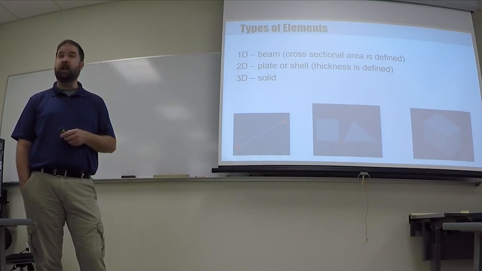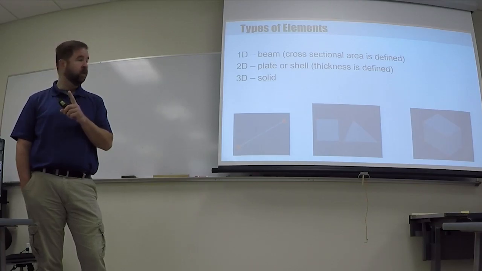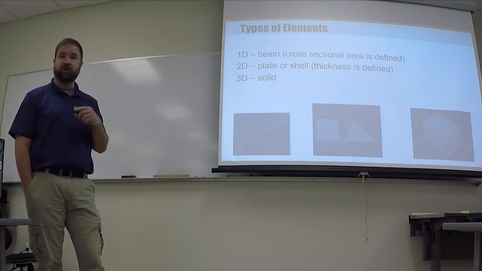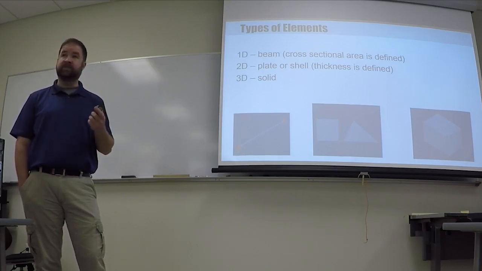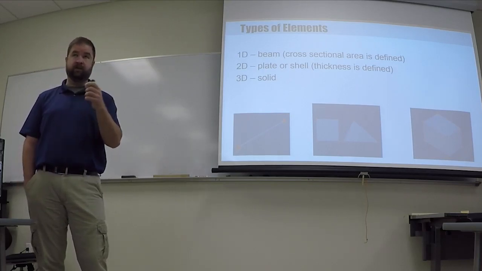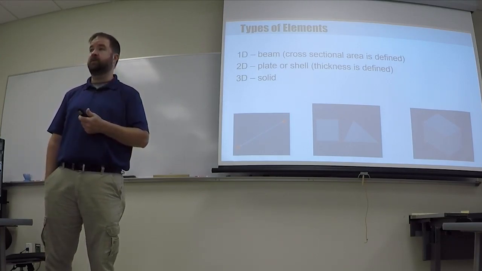That would still be a lot of pieces if I just use one-dimensional elements. So a truss would be an obvious thing. A frame, anything that has long pieces that are of constant cross-section could be modeled with one-dimensional elements.